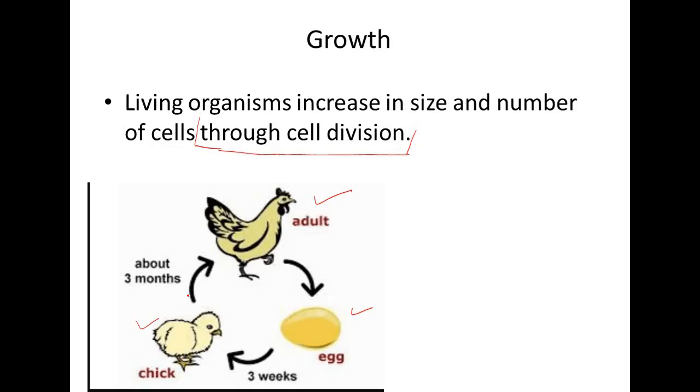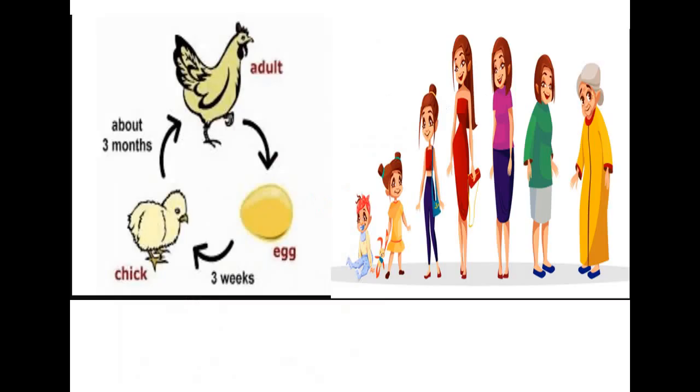It is the life cycle, okay. And through cell division, one becomes an adult from its baby form. You can see this is human being, baby, infant, teenagers, then adult, then entering into old age.